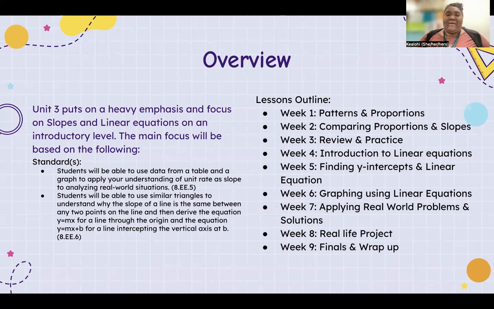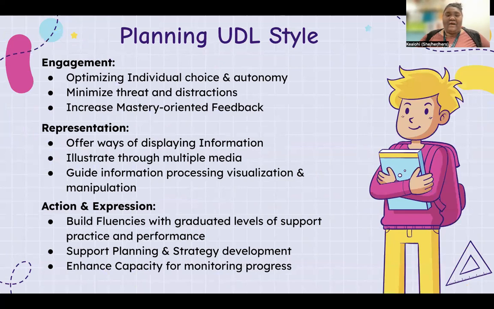So that's kind of how my outline I'm hoping to portray shows a little bit more learner focus. The planning UDL style that I hope to emphasize, which has actually been missing from my class, is in the engagement section: optimizing individual choice and autonomy, minimize threat and distractions, increase mastery oriented feedback.